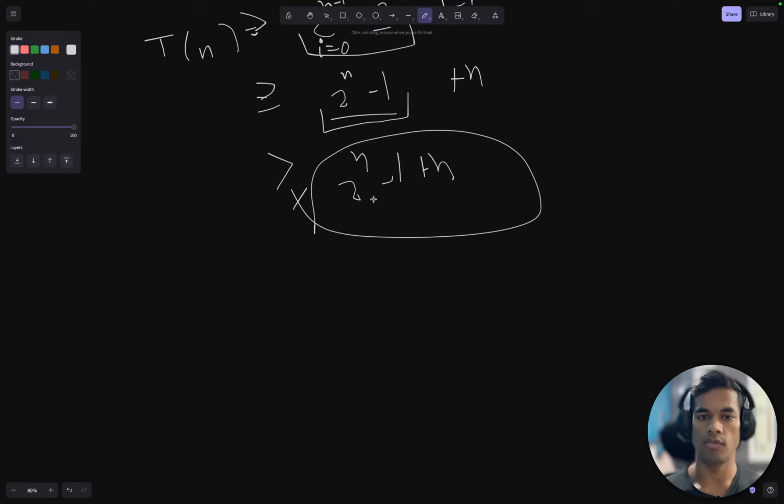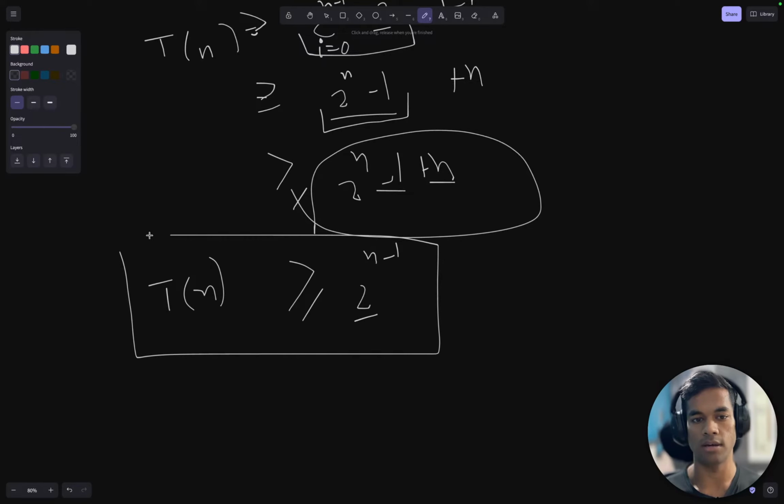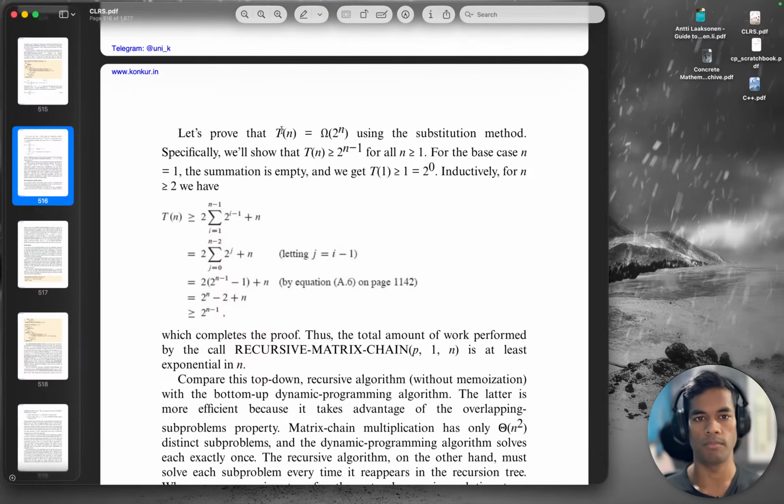And we can write this as 2 power n minus 1. We subtracted n, we removed minus 1, and we divided the remainder by 2. So whatever was on the right side, it is still guaranteed to be greater than or equal to 2 power n minus 1. Therefore, this is proved by induction. By induction, Tn is not equal to, but greater than or equal to 2 power n minus 1.